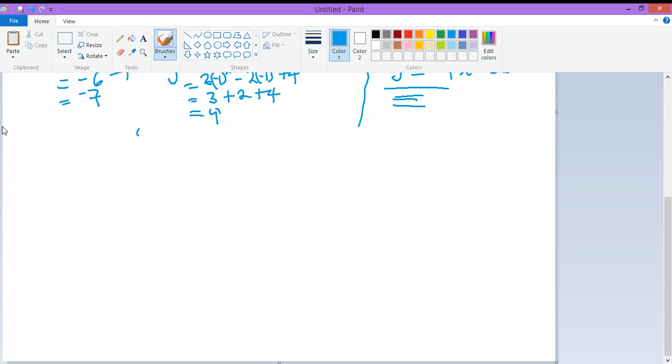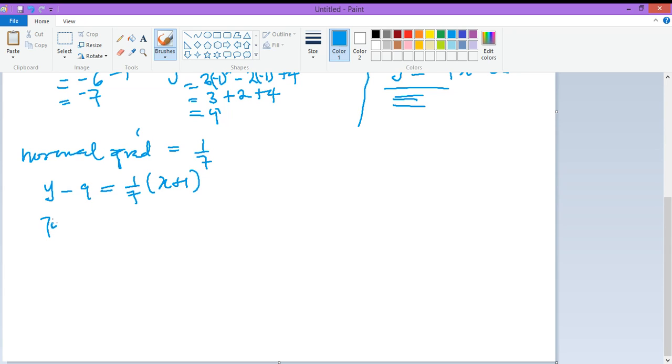Remember, the normal has a gradient of positive 1/7. The same point. So we have y minus 9 is equal to 1/7 into x minus negative 1, so we become plus 1.